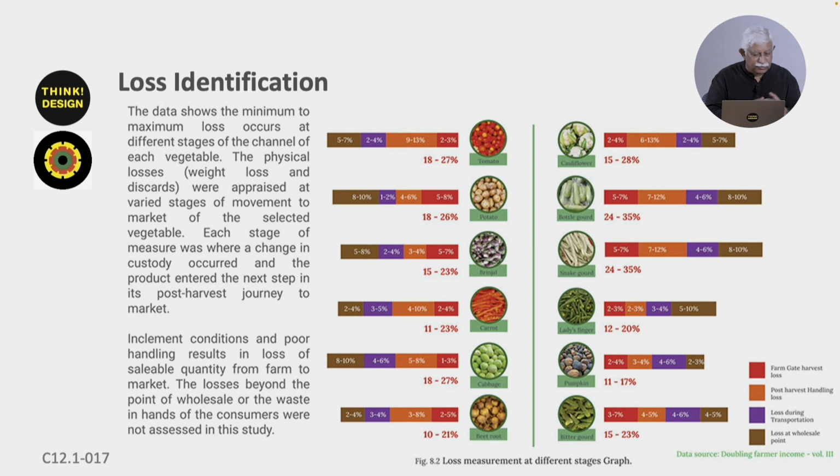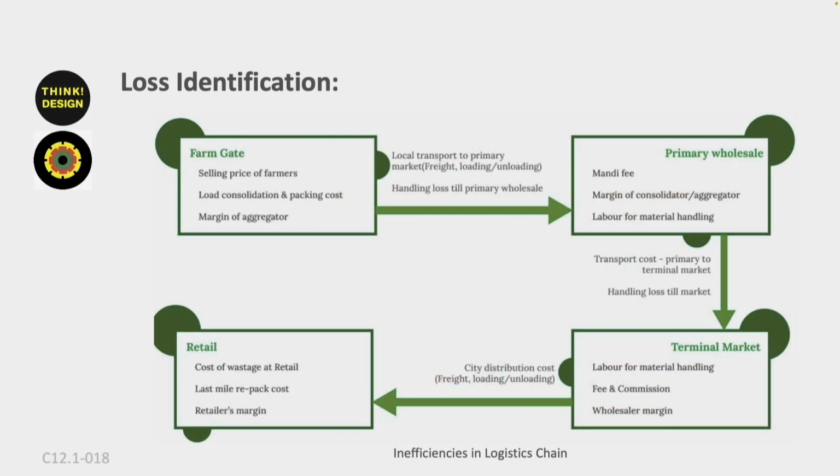The physical losses, weight loss and discards were appraised at varied stages of the movement of the vegetable from the farmland to the market. Each stage was a measure where a change in custody occurred and the product entered the next step in the post-harvest journey to the market. It was a detailed study, and points where vegetables were lost were identified.